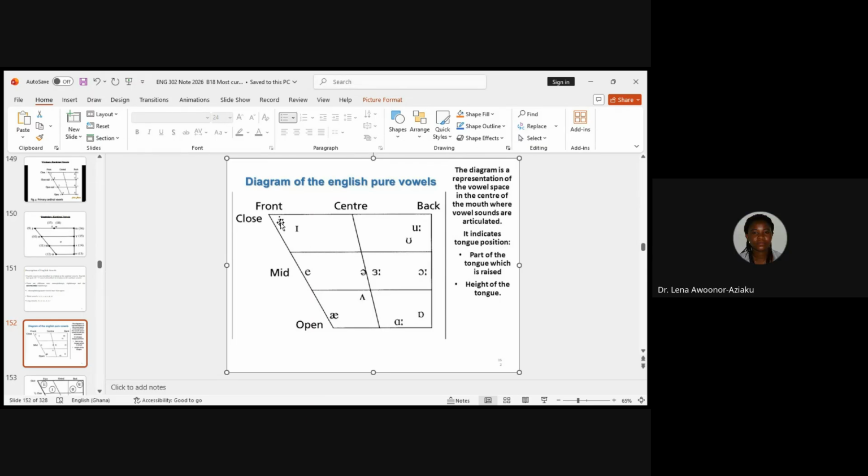Yes. You raise your tongue towards the roof. But as soon as you say yeah, then you are going to palatal. So e.